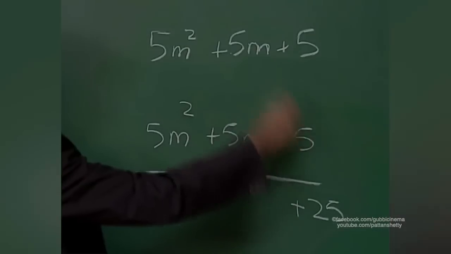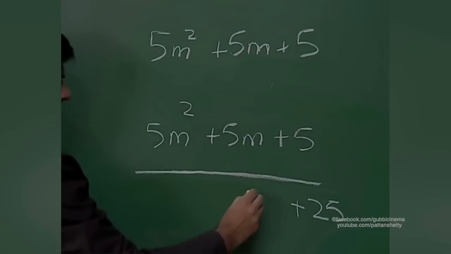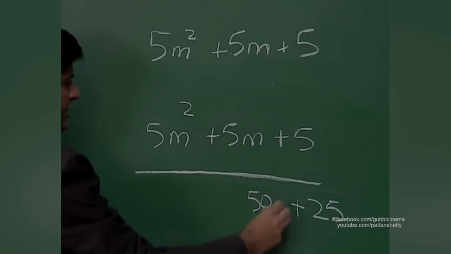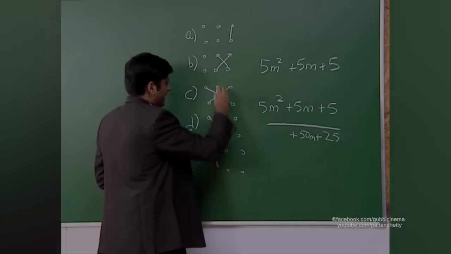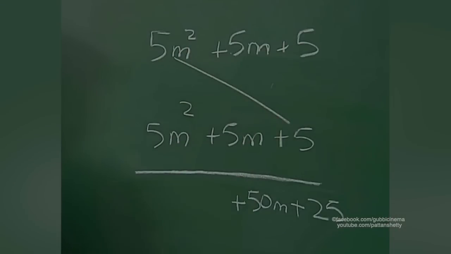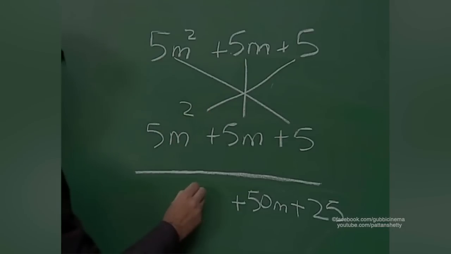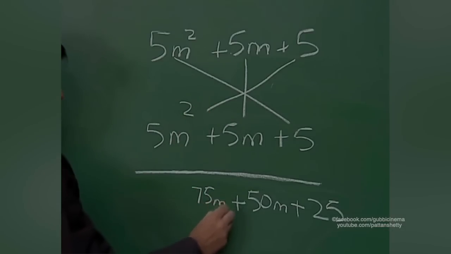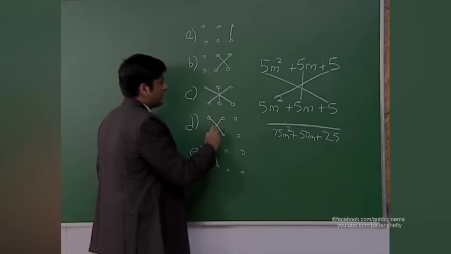So we will have 25m plus 25m, that is 50m. Step C will be like this and like this. So it will be 25m square plus 25m square plus 25m square, that becomes 75m square.